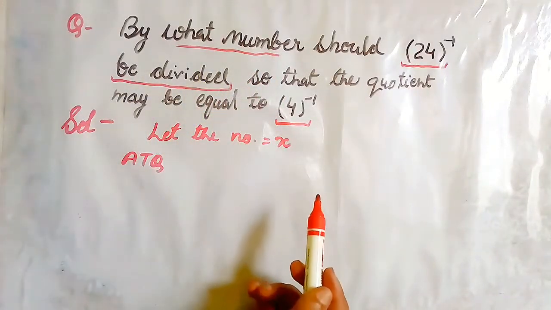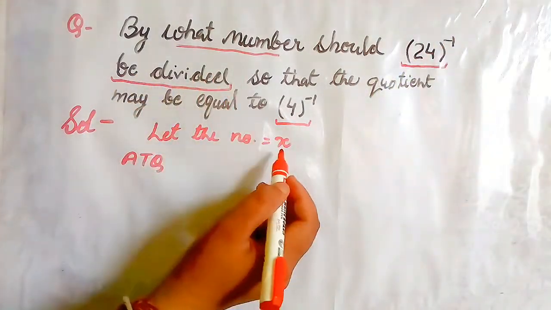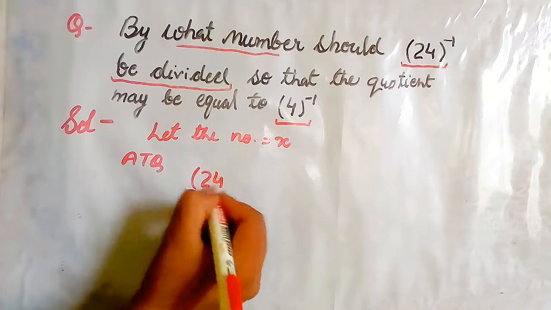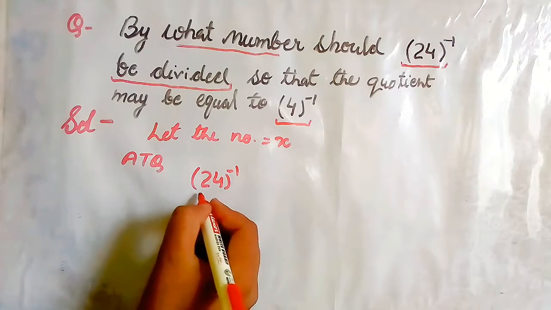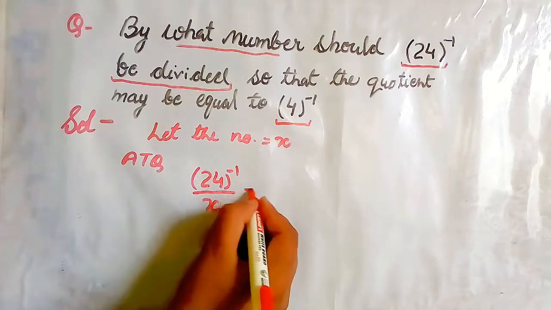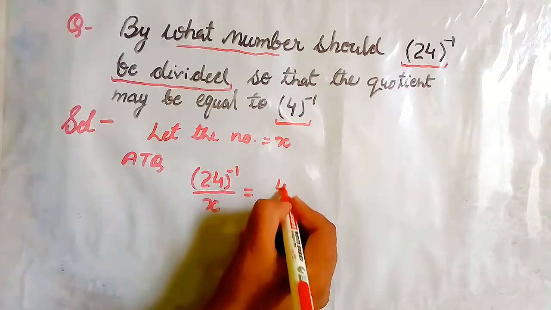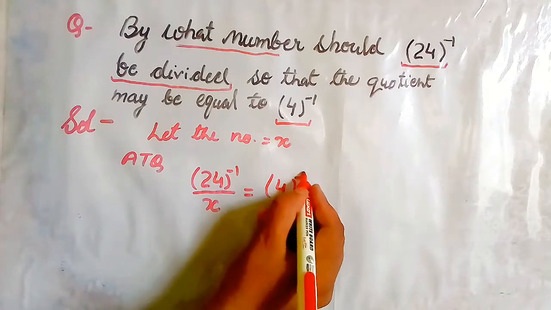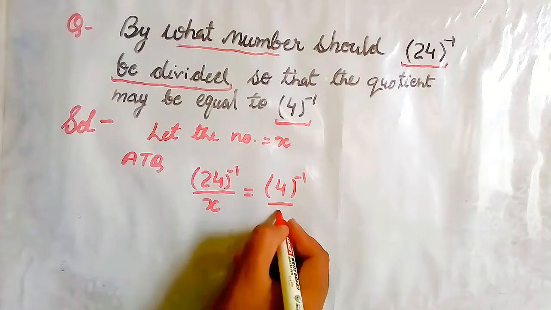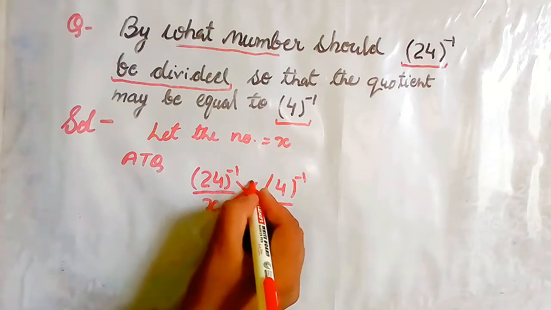So that x must be divided. So the solution will be 24^-1 be divided by x. This will be divided by x. So you can write upon x equals to 4^-1. Nothing is there in the denominator, you can put 1.